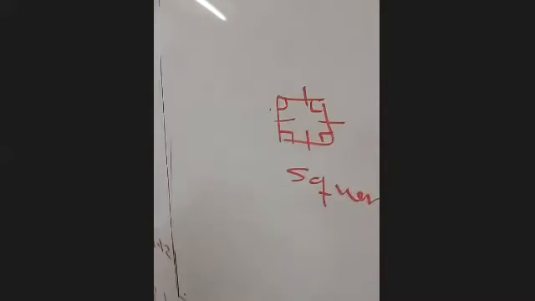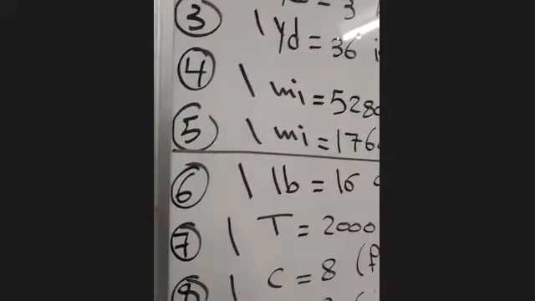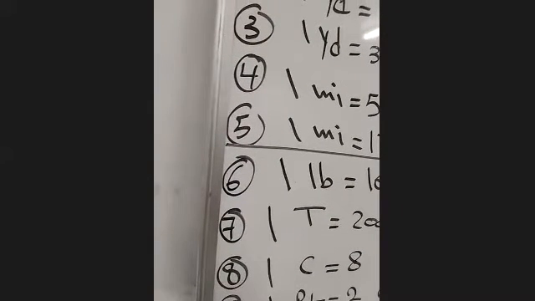Okay. Else? Mister, another question. Ask. Page 943, question 7. Is it possible to draw a quadrilateral with four congruent sides that is not a parallelogram?